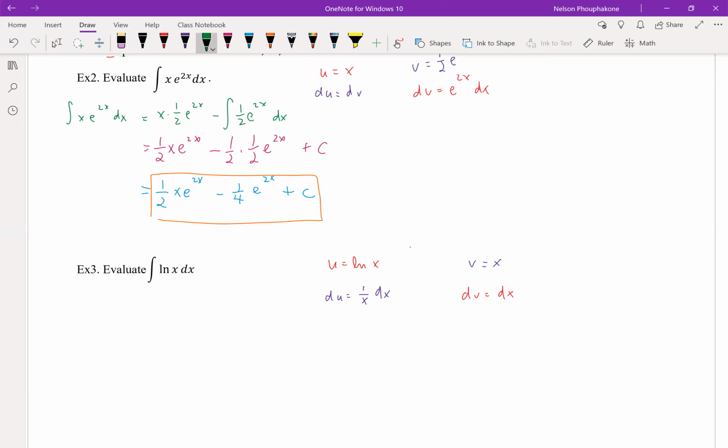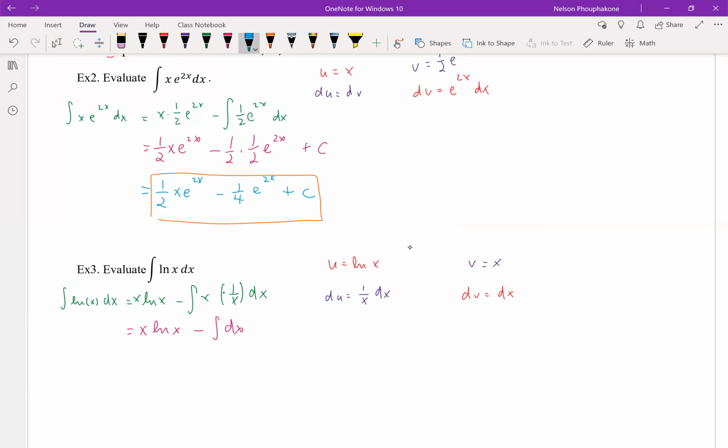And then now, let's see. So I have the integral of natural log of x dx. It will be natural log of x times x minus the integral of x times 1 over x dx. Okay. Then you will see that what happens here, I will have x natural log of x minus the integral of dx, right?